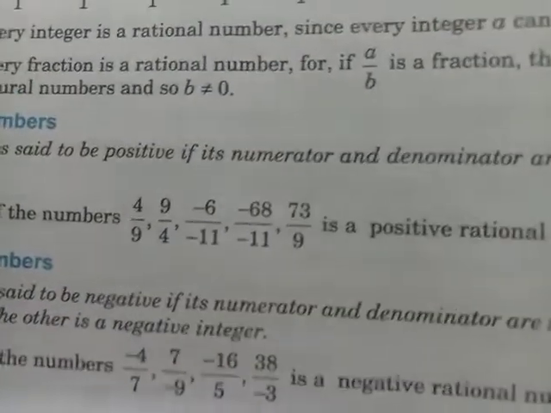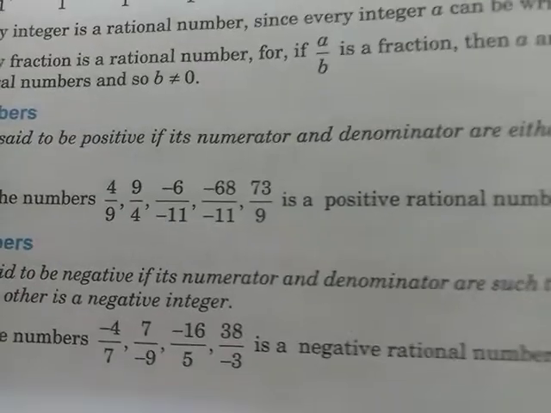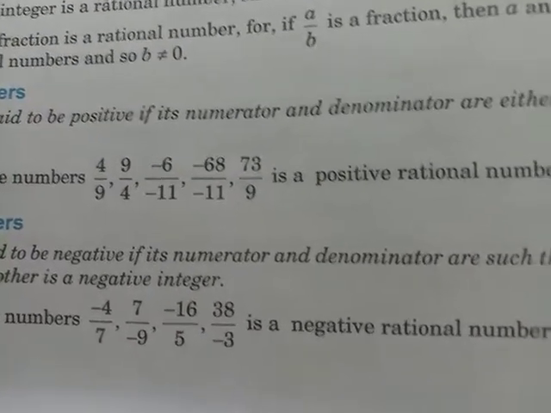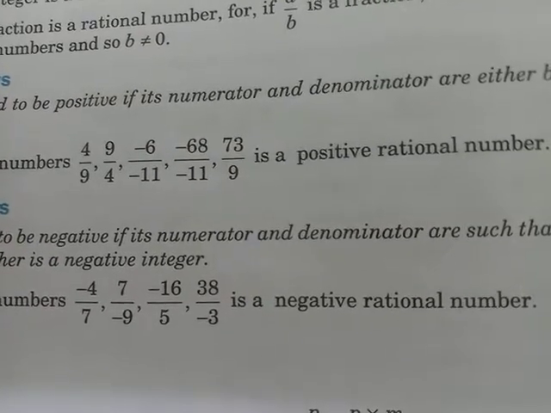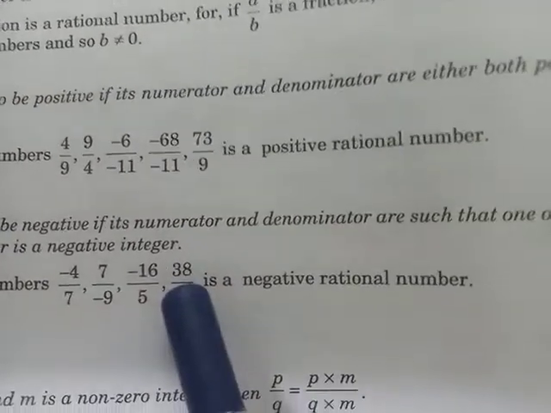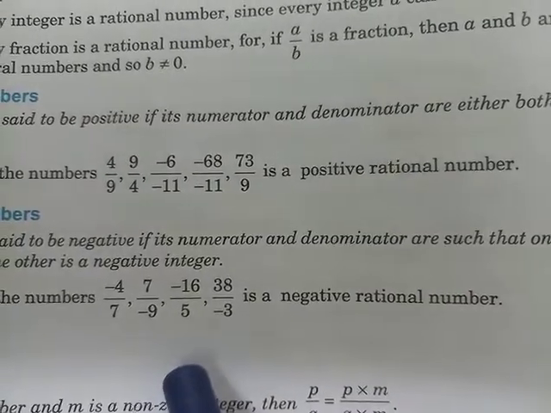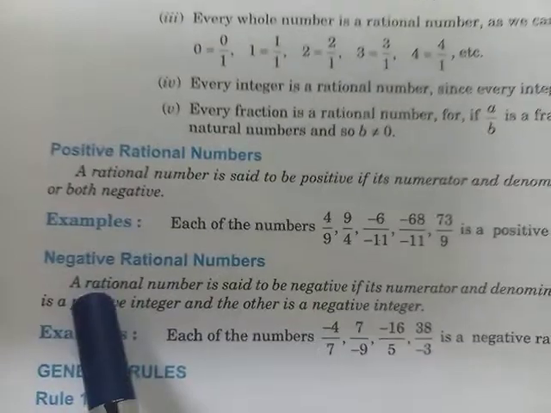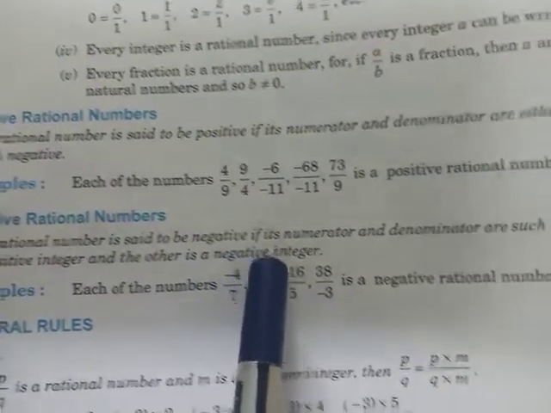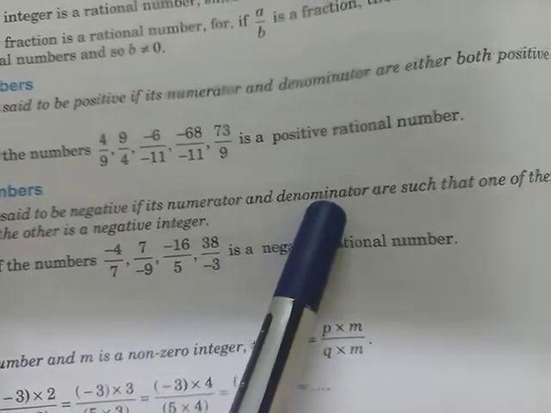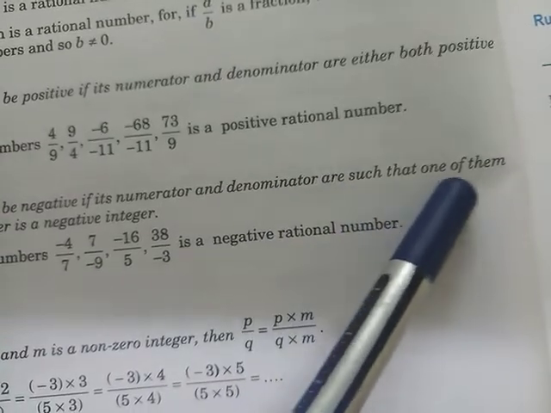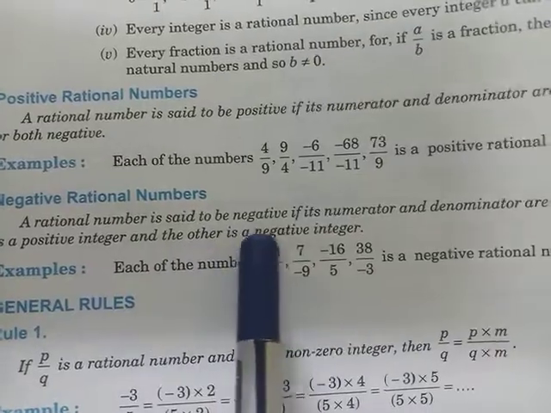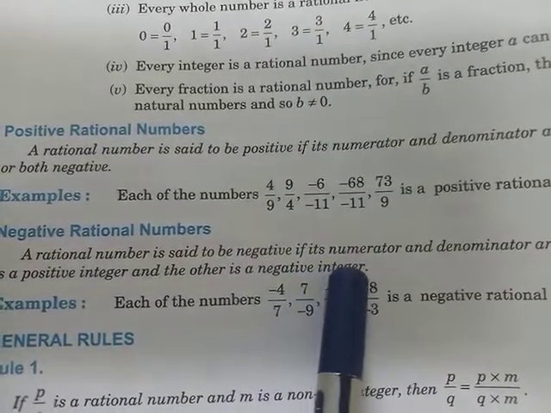But when the numerator is positive and denominator is negative, or vice versa, that means numerator and denominator have different signs, then they are known as negative rational numbers. A rational number is said to be negative if one of numerator and denominator is a positive integer and the other is a negative integer.